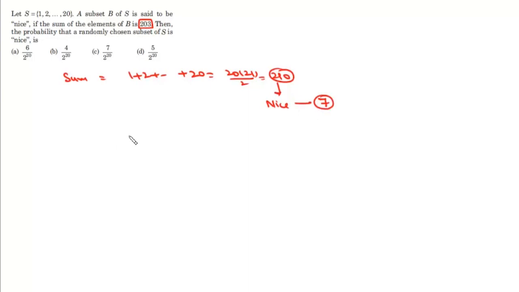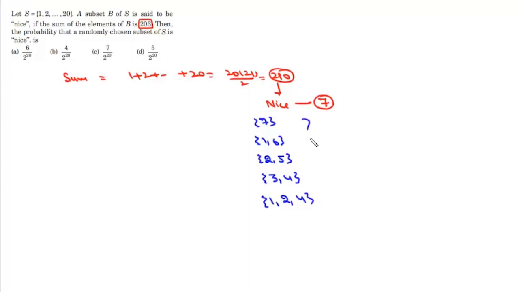So it could be this 7 itself, or it could be 1, 6, or 2, 5, or 3, 4, or it could be 1, 2, 4.